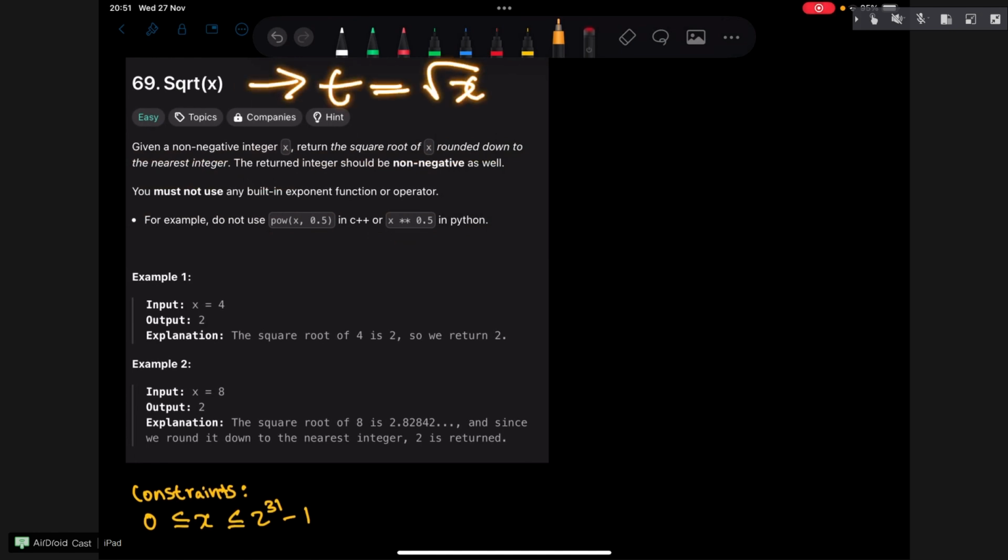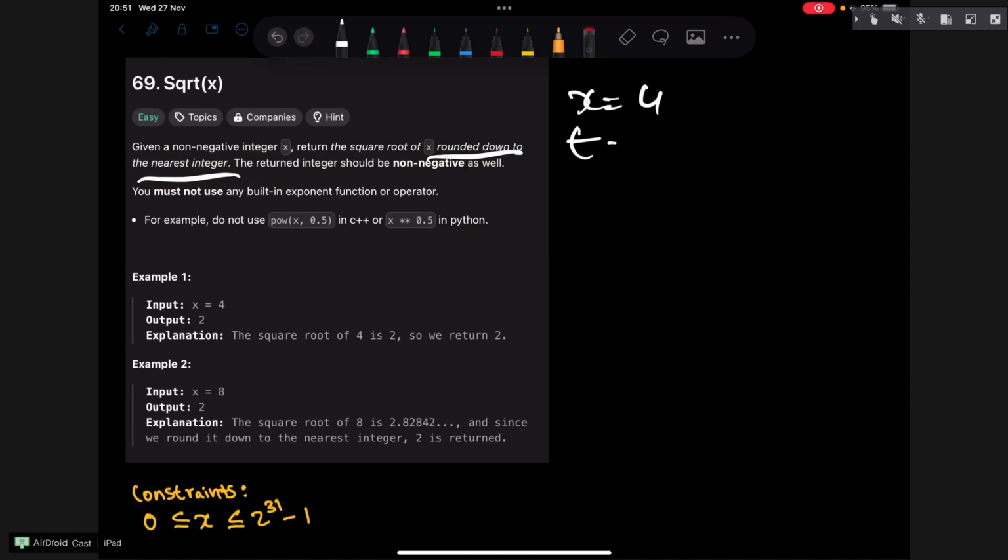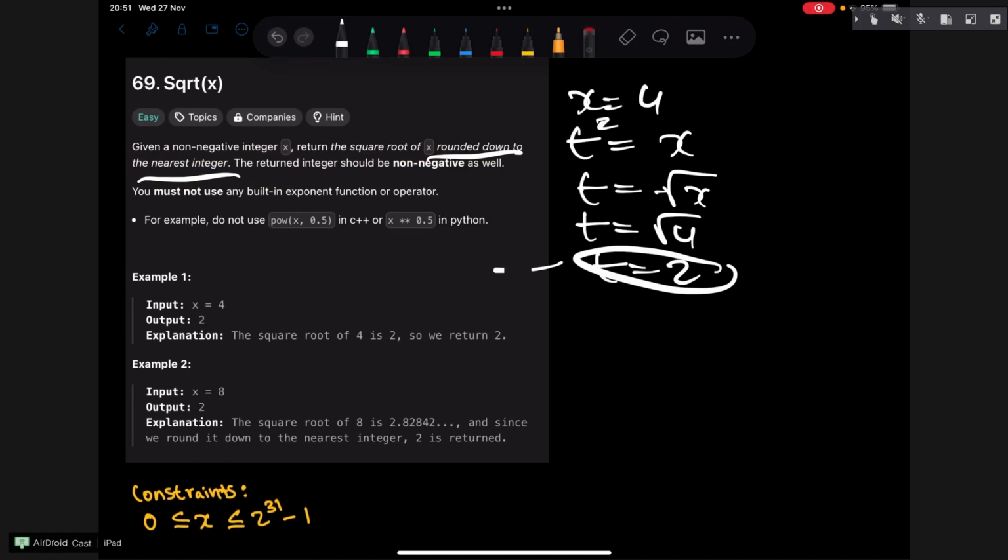That is what we want to find. If x is equal to 4, then t squared is equal to x, and t is equal to root of x, so t will be root of 4, which is 2. That is what we returned in example number 1.